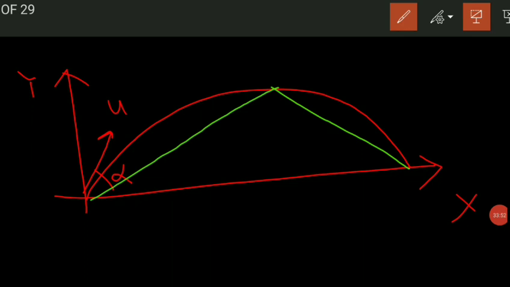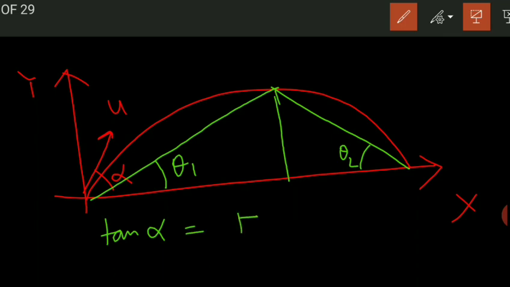Now let's say this is theta 1, this is theta 2. Now I have to prove tan alpha is equal to tan theta 1 plus tan theta 2. So how to prove this equation? Tan alpha is equal to tan theta 1 plus tan theta 2.